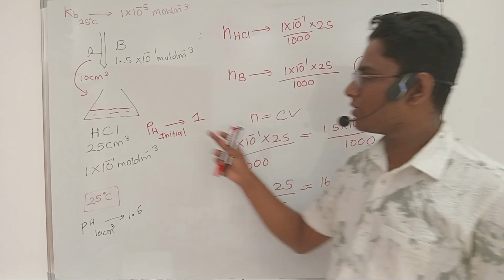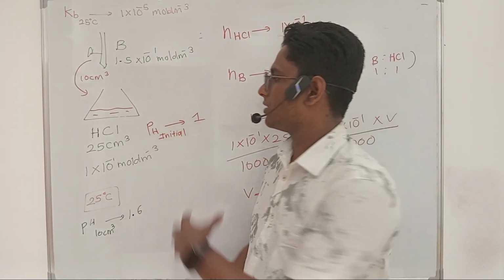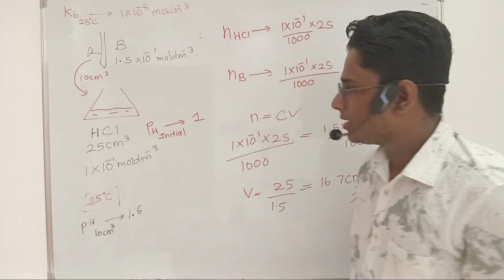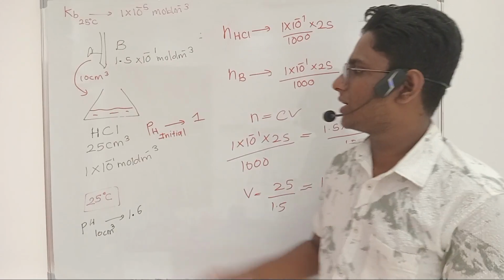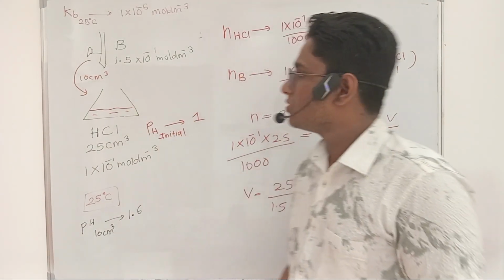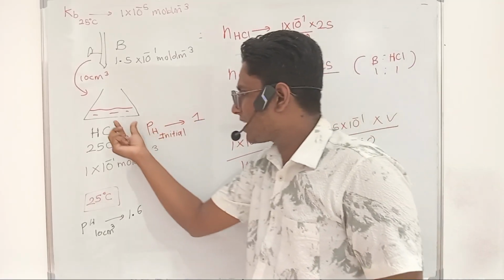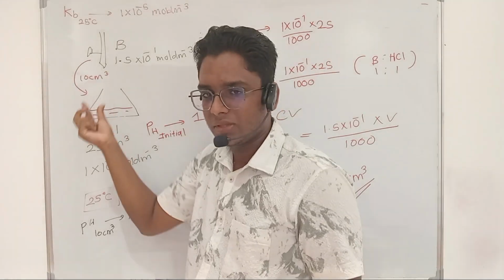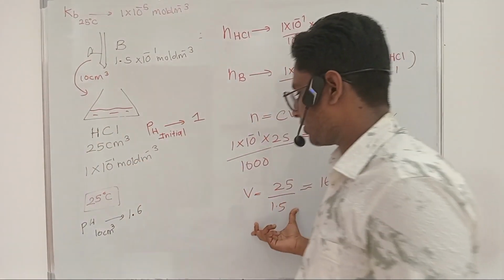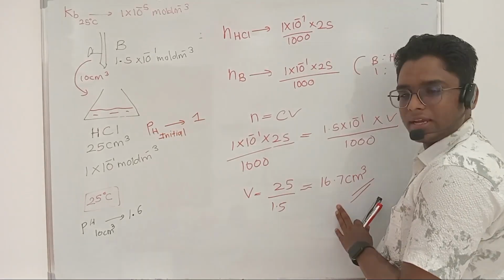The endpoint is found when there is a change in the color of the indicator. We normally put an indicator for these titrations. So you will be adding weak base to the titration flask, and the moment the color changes, we say that the volume of base added is the endpoint, right?